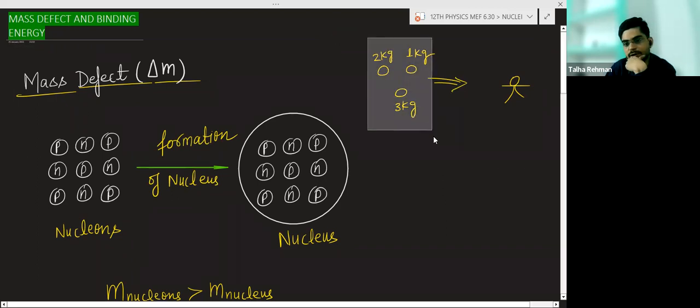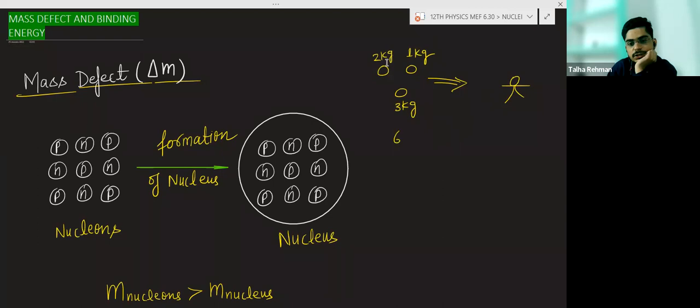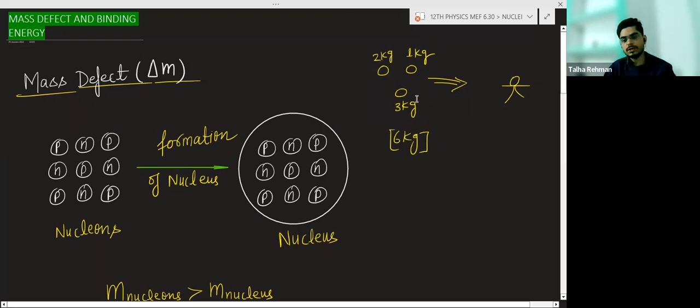Initially the total mass of the three balls is 3 plus 1 plus 2, 6 kg. So when you give these balls to this person, what will be the mass of these three balls?